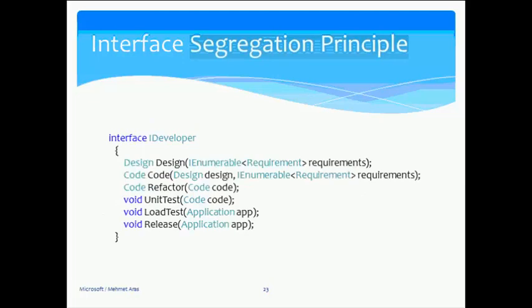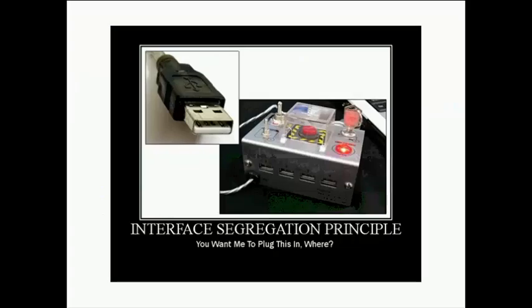Whereas in the previous case, if your release management procedure changes, guess what? It's going to affect the developers. And this is why single responsibility principle is so important. And you see it working here too. So this is the photo depicting this principle.